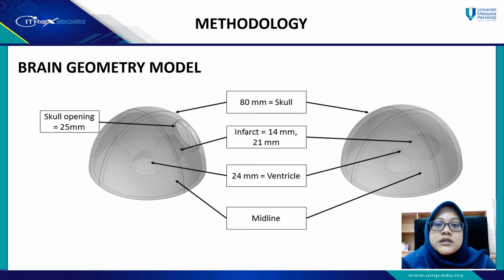The skull radius is 80 millimeter, while the ventricle radius is 24 millimeter. The only difference is the brain geometry. With decompressive craniectomy, there is an opening in the skull with a radius of 25 millimeter, while without decompressive craniectomy, the skull opening is not included.